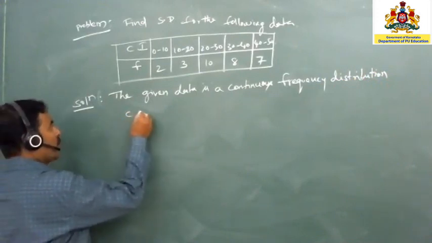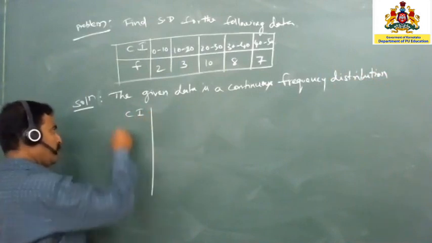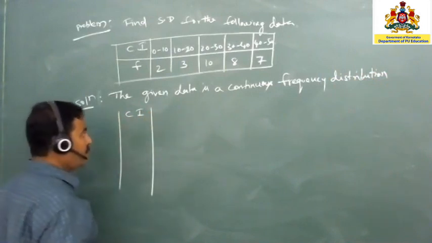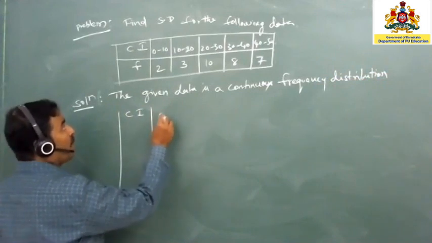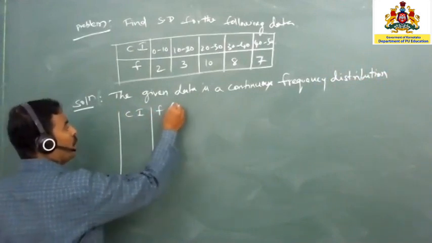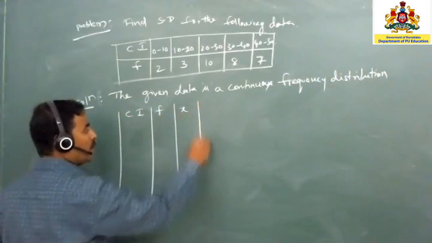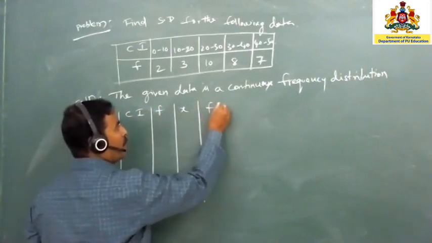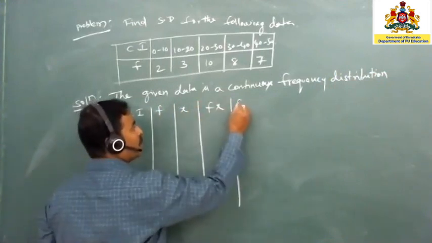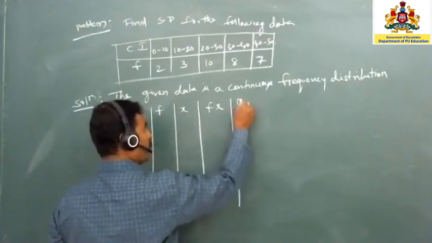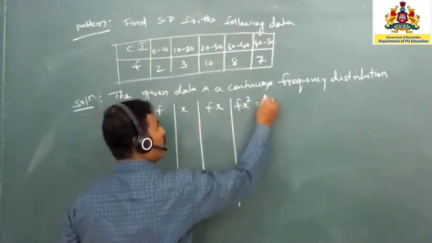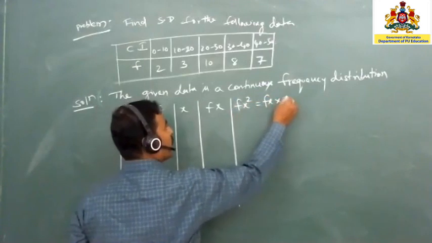Therefore, you should calculate midpoints. It is like a discrete frequency distribution calculation only; here the x values are mid values. Columns: class interval, frequency, x, fx, fx square. I'll write fx square directly, equal to fx into x.